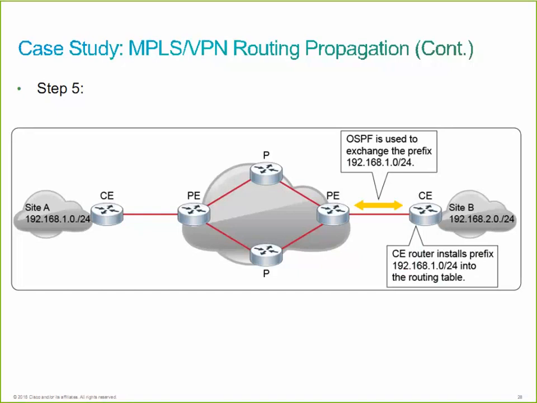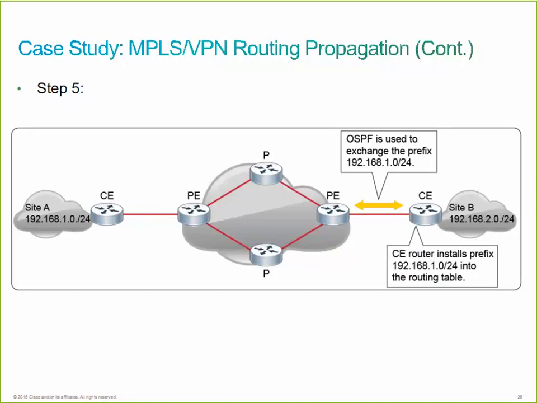We're now into OSPF. And then the 1.0 prefix is in the routing table of the CE router. And now people from site B can actually access that particular prefix.